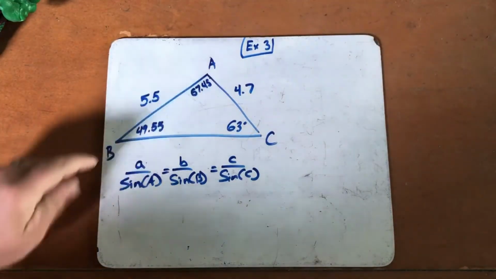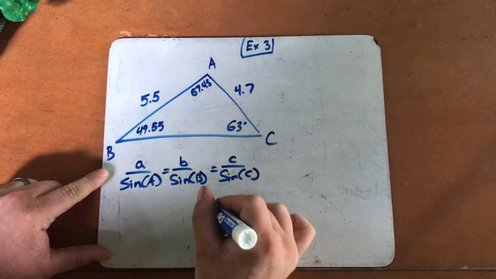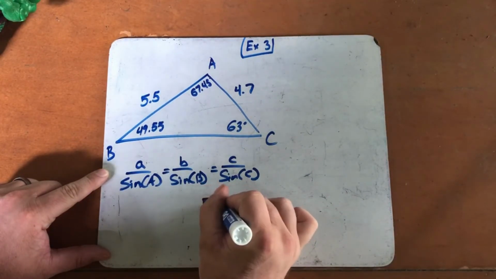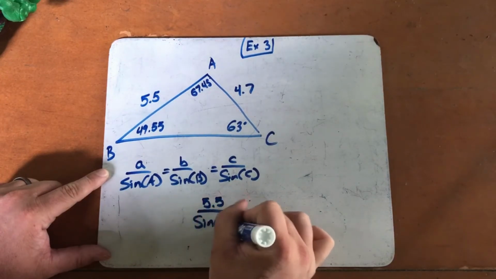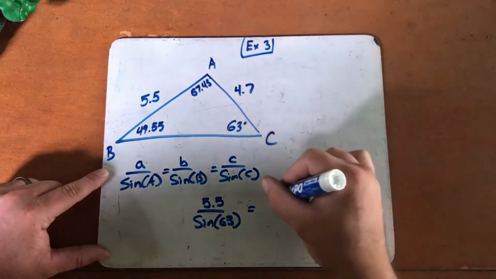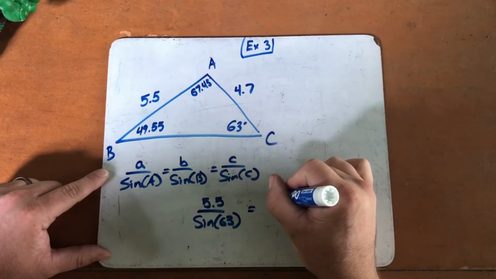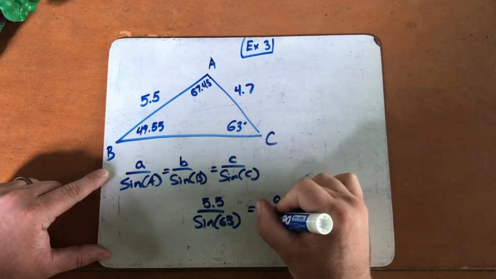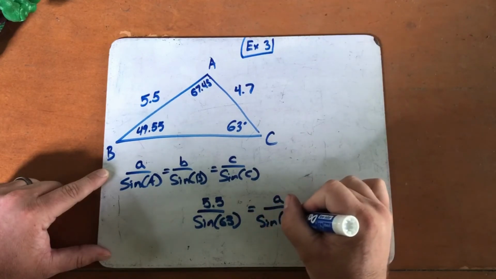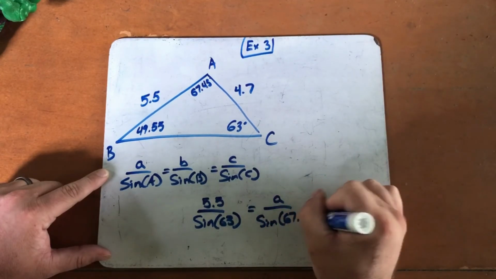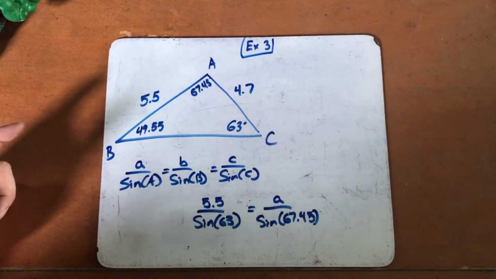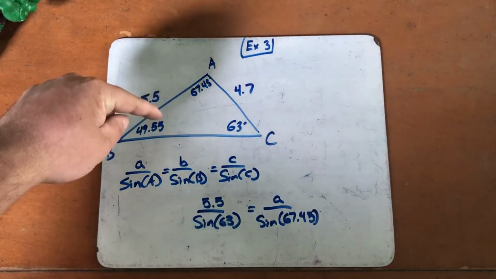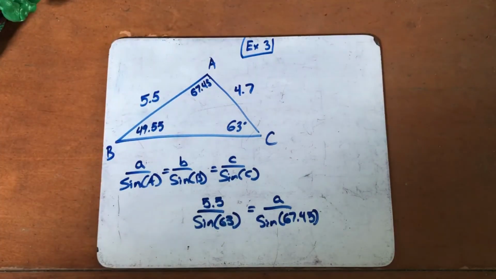So to find side A, we go back to using the one from the previous example, 5.5 divided by the sine of 63 equals the part we don't know, so little a, divided by the sine of 67.45. So what this tells me is that there's only going to be one time when I have to use inverse trig in order to find the missing piece, when I'm doing the law of sines.